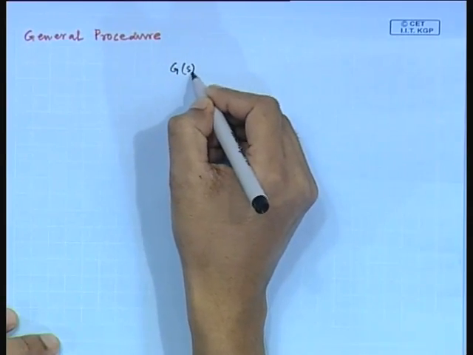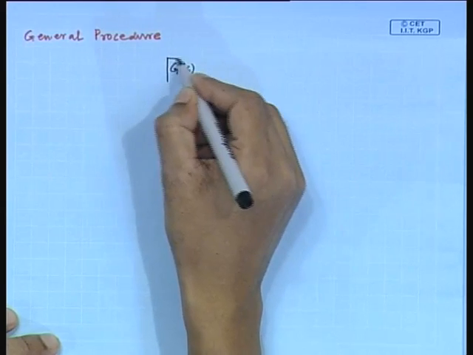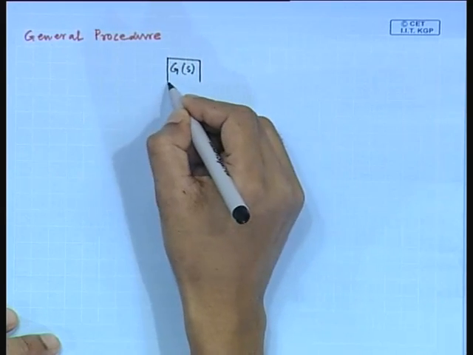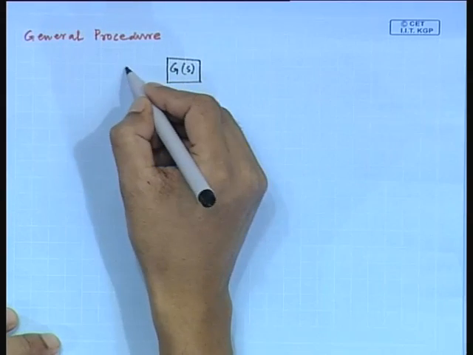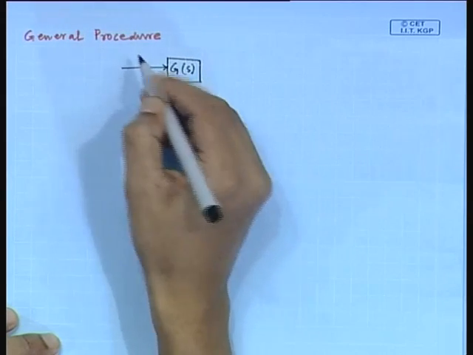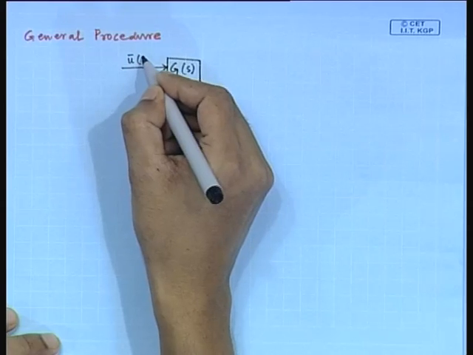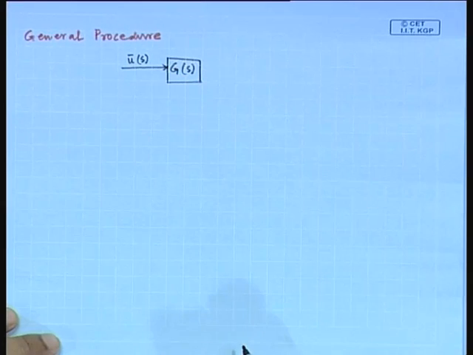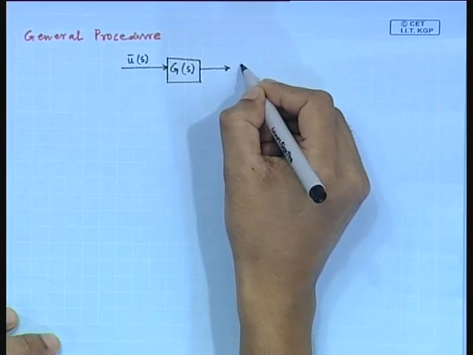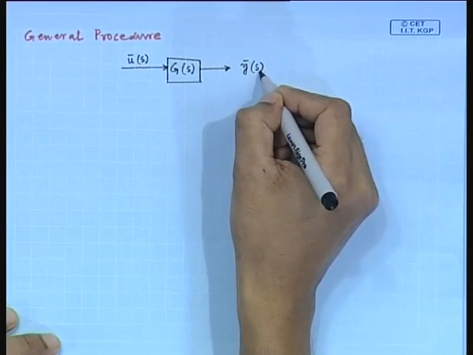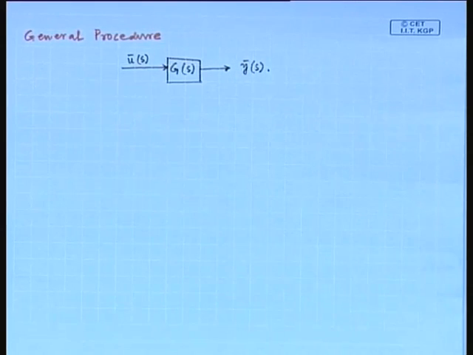Say G of s is the transfer function of a process, fine. Now, input to this process we can write as u bar of s and output is y bar of s.